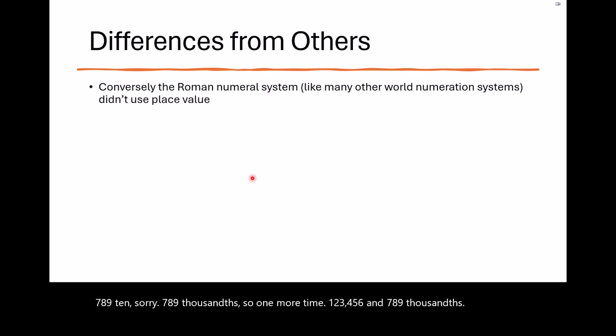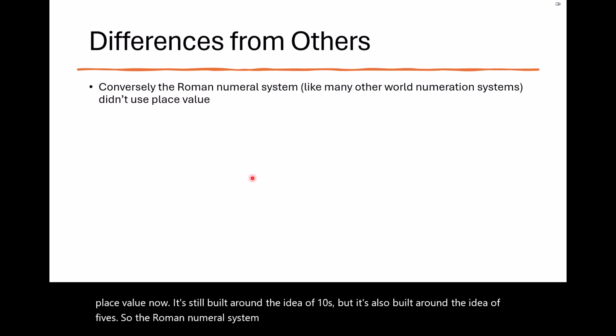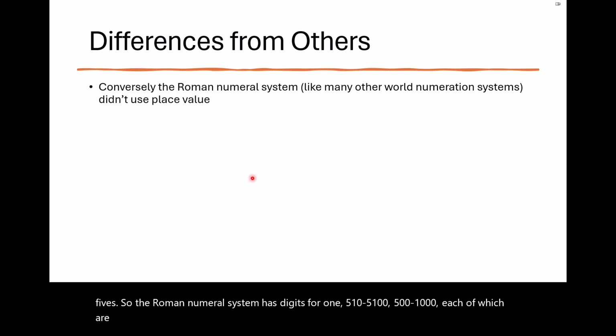So many world systems did not use place value. The Roman numeral system doesn't use place value. Now, it's still built around the idea of tens, but it's also built around the idea of fives. So the Roman numeral system has digits for 1, 5, 10, 50, 100, 500, 1,000, each of which are represented by a letter.